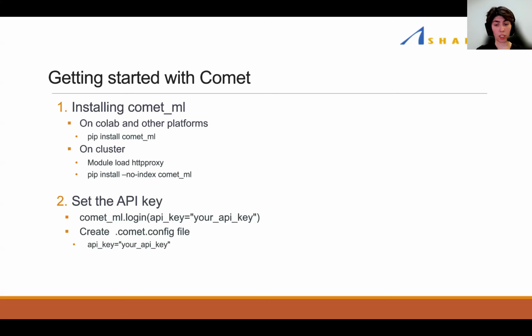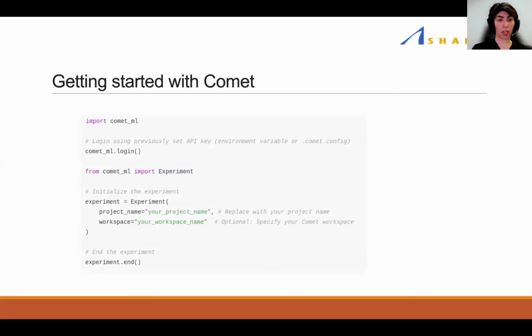Okay, so if you want to start with Comet, after installing comet_ml, you first have to import it, and then log into Comet, whether by inputting your API key here or doing the other way that I showed you. Then you have to import Experiment from Comet. And here's how you can define your experiment, giving it a project name and the workspace, if you have more than one workspace.